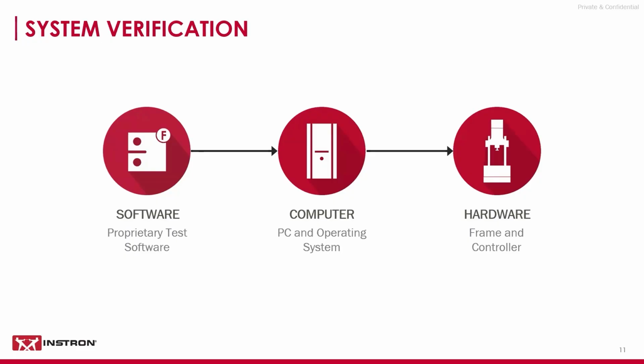But ultimately, there are three parts that you really need to focus upon: the software, i.e., our proprietary Instron test software, like Bluehill Fracture; the computer, i.e., the PC and operating system, so Windows 10, Windows 7, Windows XP; and your hardware. So this includes your frame and controller, but also some accessories involved in there as well.